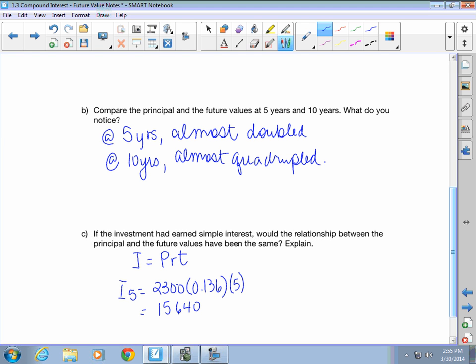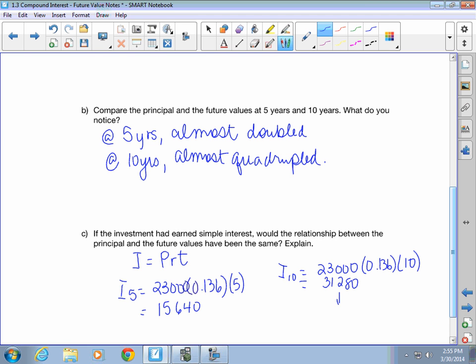In 10 years, our $23,000 investment, oops, that should be 23,000. Did I do that wrong on the other one? I might have. Times 0.136 times 10 for our 10 years, which would be 31,280.